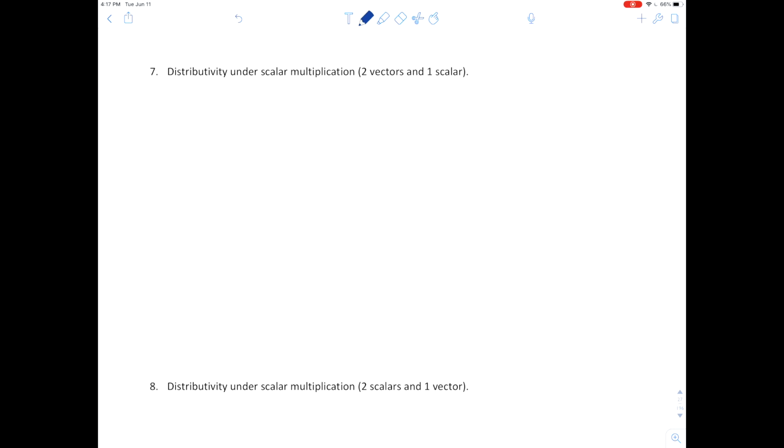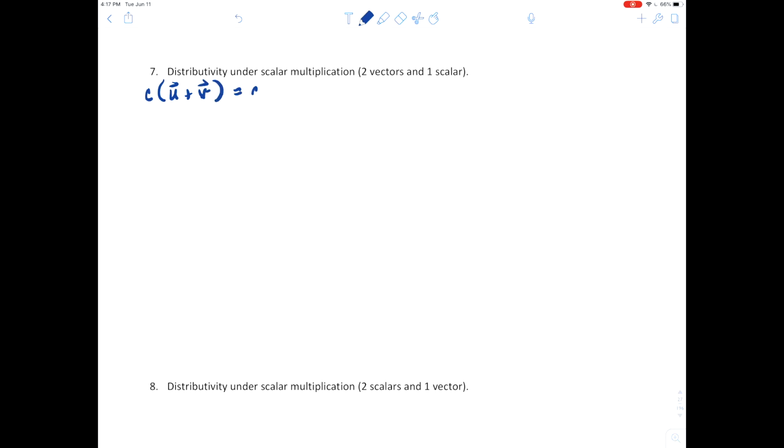Distributivity under scalar multiplication. So the first one I'll do is two vectors and one scalar, and then next we'll do two scalars and one vector. So let's do it. This one we would start out with c times, we'll use vectors u and v.